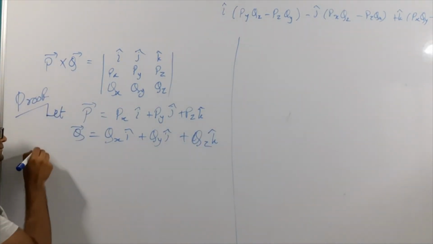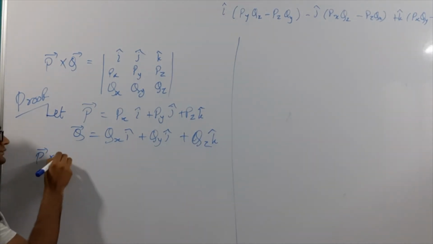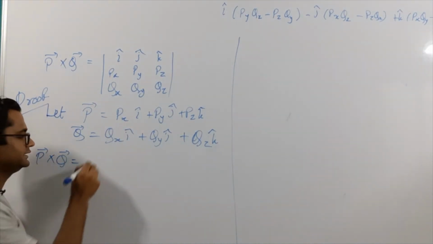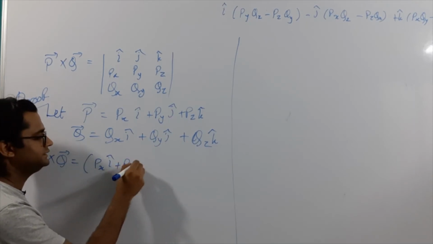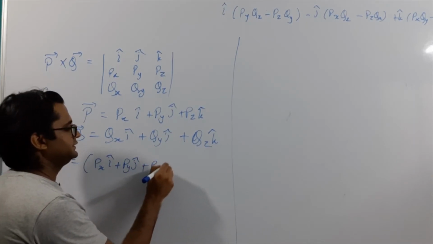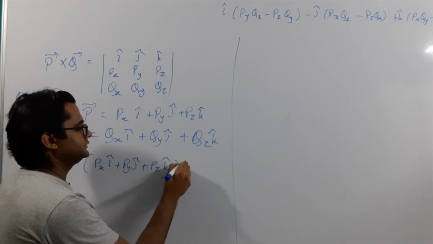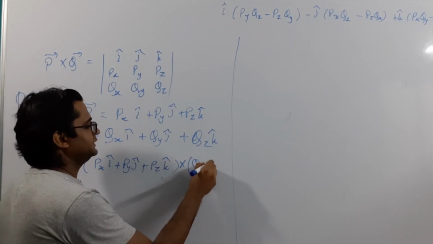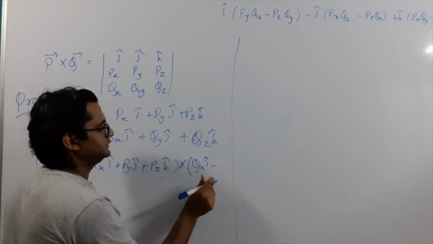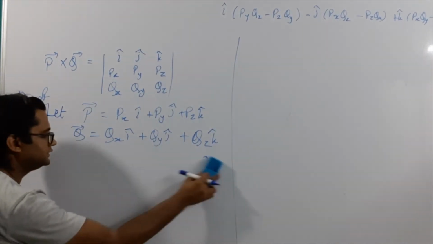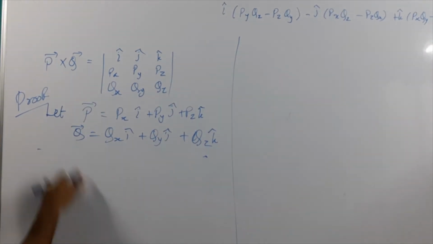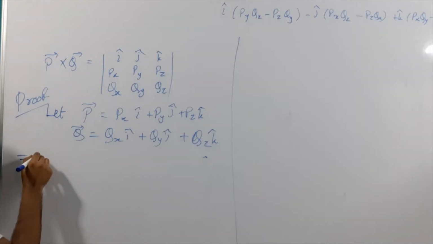Okay, so p bar cross q bar, I'll write the first vector cross the second vector. Let me write it a little smaller since there is no space here.